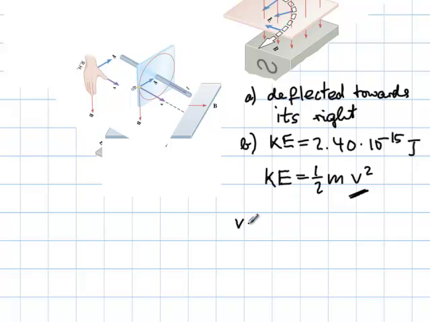So I'm going to have v equals the square root of 2 times the kinetic energy divided by the mass, and that would in this case be the mass of the electron.